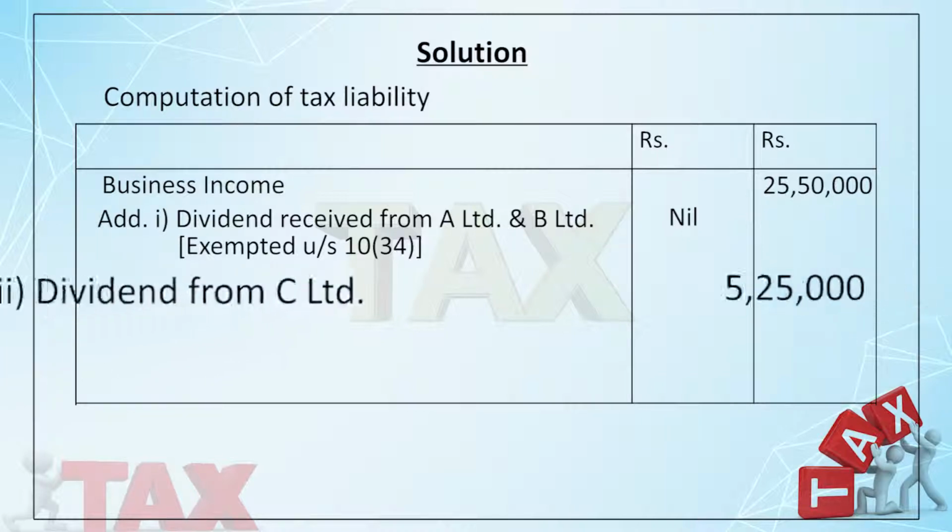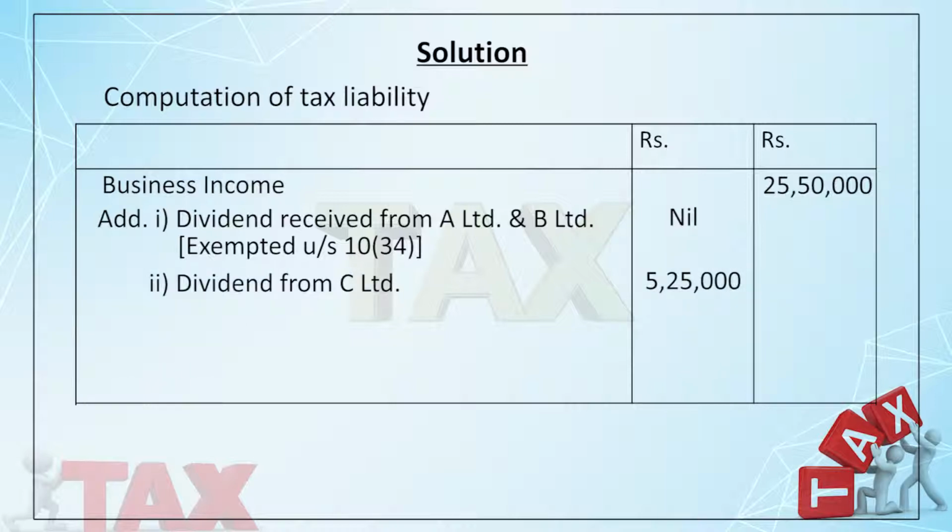Then dividend from C Limited, 5,25,000, and in this case the Bluebird company has paid an expenditure. Now, as per provision of section 115 BBD, no expenditure to be allowed as deduction, but the dividend from such specified foreign company will be taxed at separate rate.